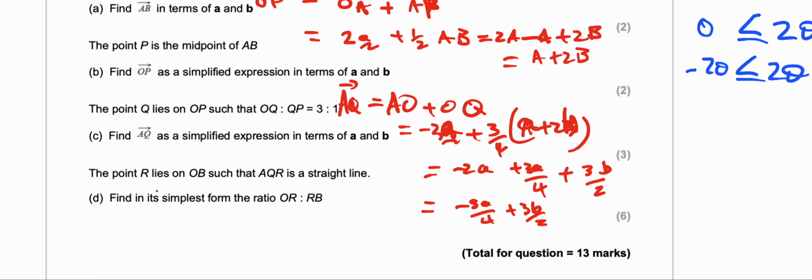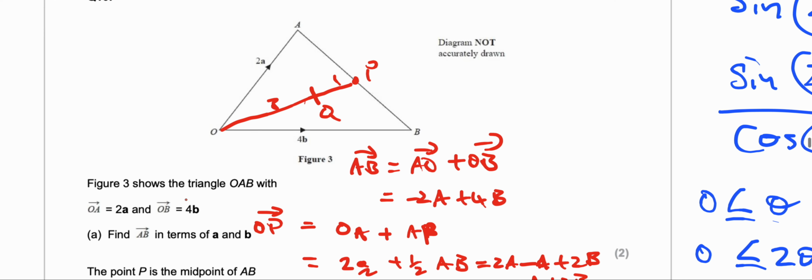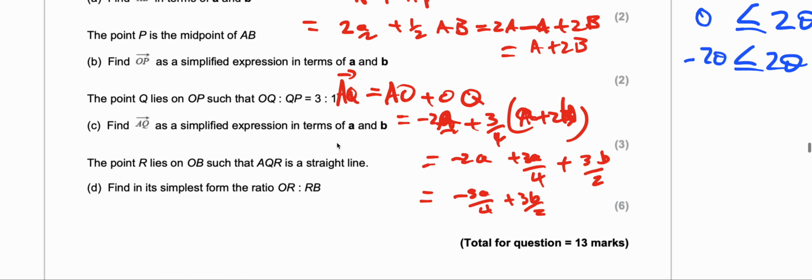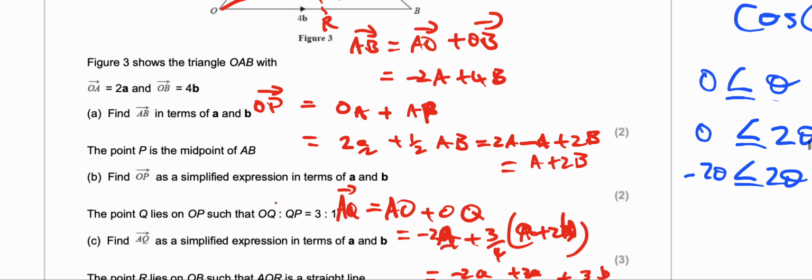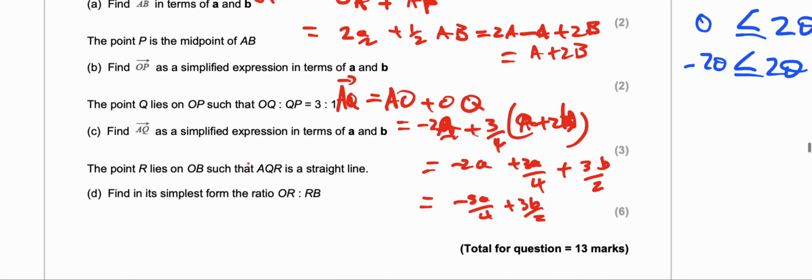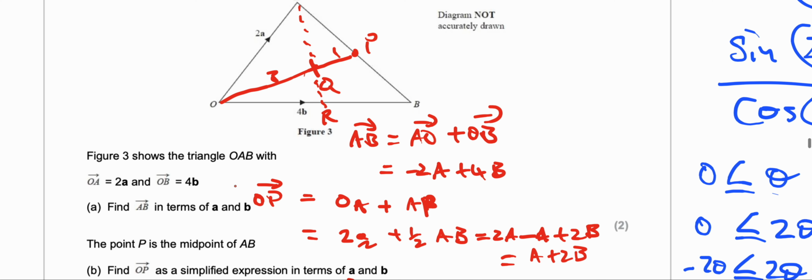So now we have AQ. Point R lies on OB such that AQR is a straight line. Find the ratio of OR to RB. Okay, so AQR is a straight line.